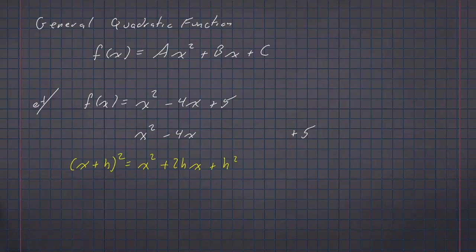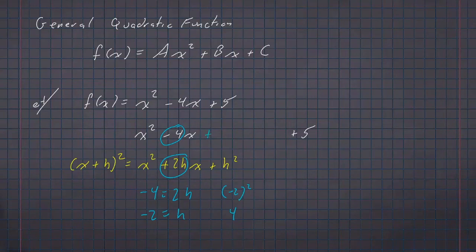So we play a matching game here. This minus 4 must play the role of the plus 2h. So I get that h is negative 2. Now, h squared is negative 2 squared, which is positive 4.